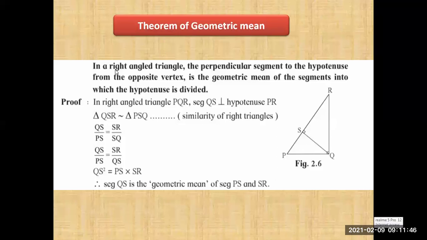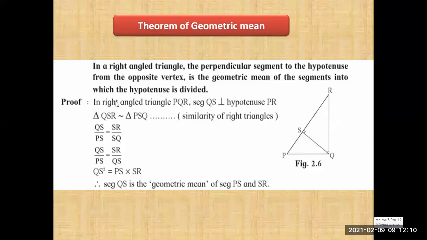Students, important theorem. For 2 marks many questions may be asked based on this theorem. So first see what is given in this statement. Right angle triangle, this one is the perpendicular segment to the hypotenuse from the opposite vertex Q. So according to geometric mean, QS square is equal to PS into SR.